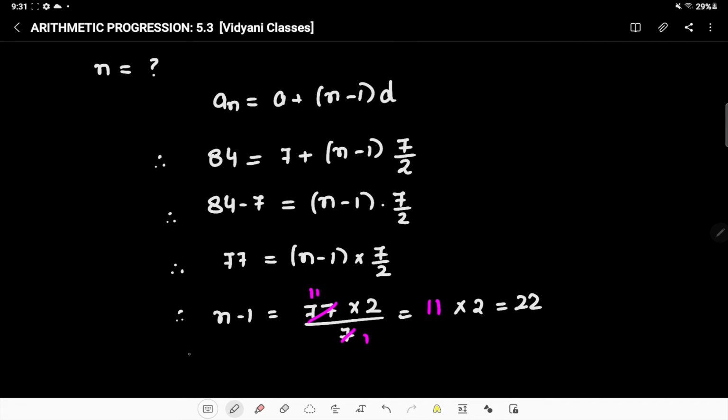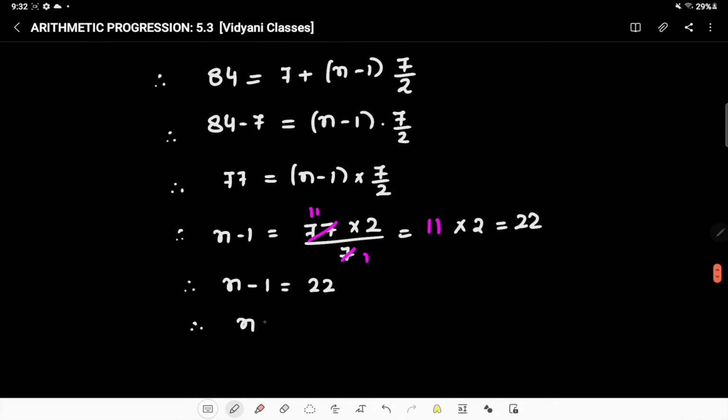So 11 twos are 22. Now n minus 1 equals 22, therefore the value of n is 22 plus 1, that is 23.